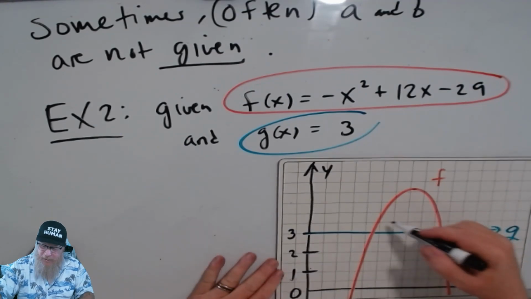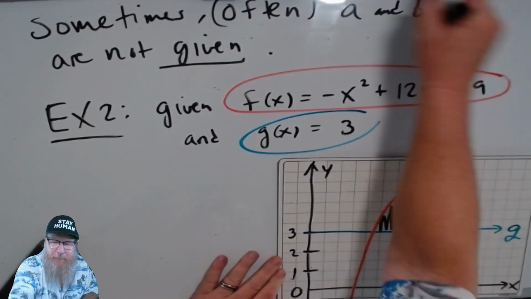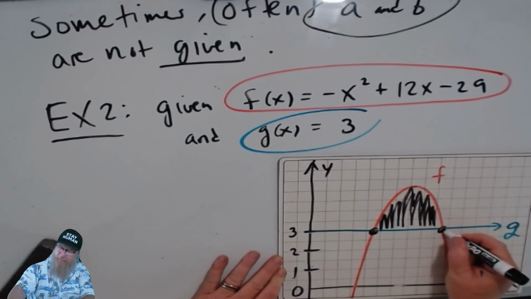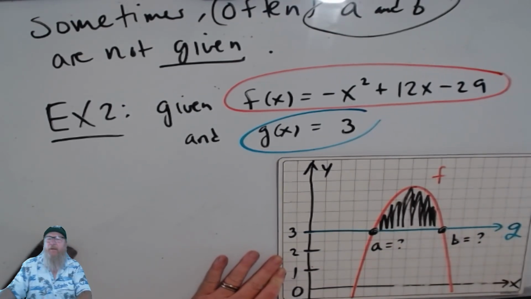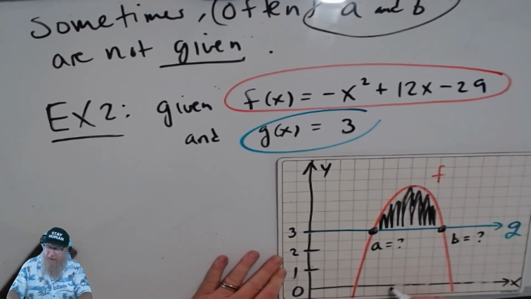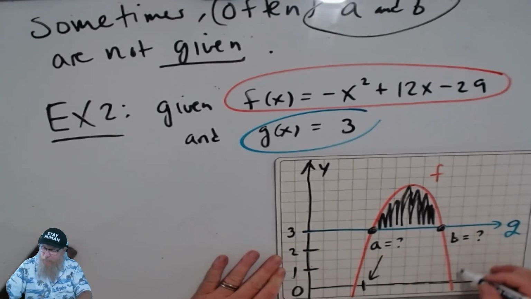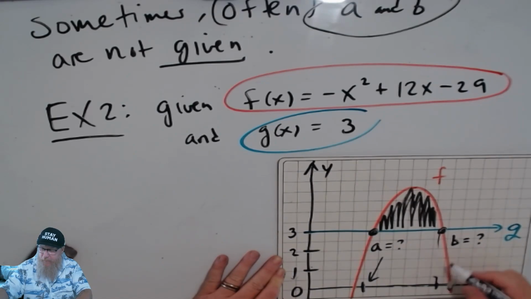All right, so we're just trying to find this area right here. A and B are not given, so I've got to find A and B. They're actually points on the x-axis. I wrote them up here so that you can see what we're looking for.